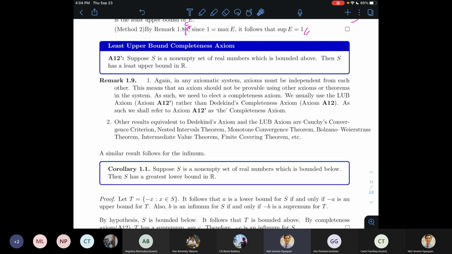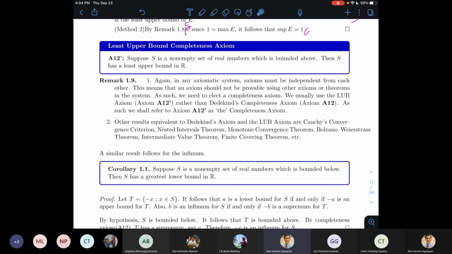Or most of the times I will refer to it as the least upper bound property. So when we say equivalent, so that means we can prove Dedekind's completeness using the LUB property and vice versa. We can also prove the LUB property using Dedekind's completeness. So that means these two axioms, A12 and A12 prime, are equivalent to each other.